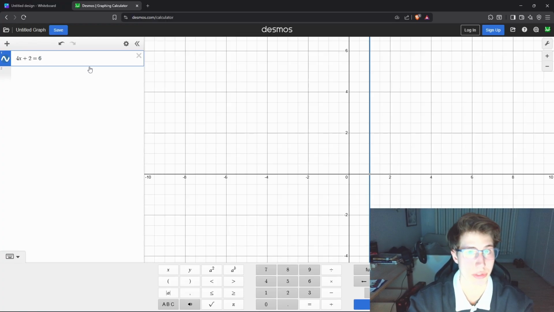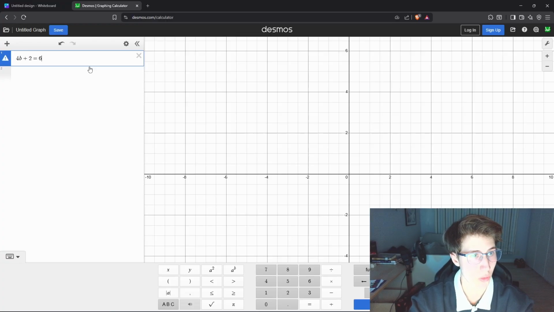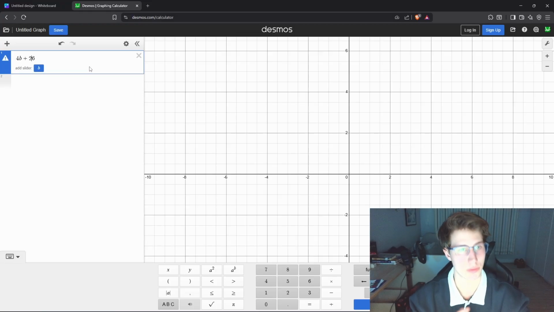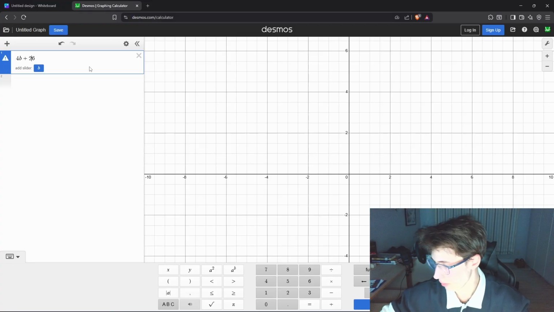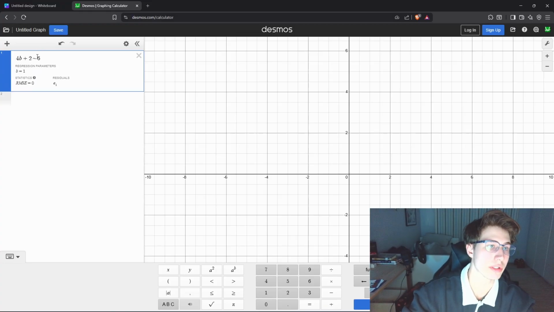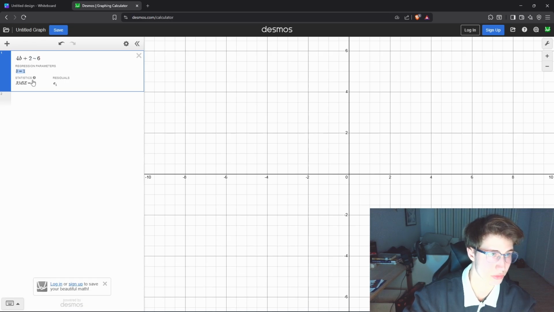We can also do this with regression. We could replace the x with a b, or any other constant, like f, d, s, a, g, h, anything. So we'll use b for now, just to make it easy. Then replace the equal sign with a regression symbol, which is this tilde right here. And it tells you regression parameters b is equal to 1.